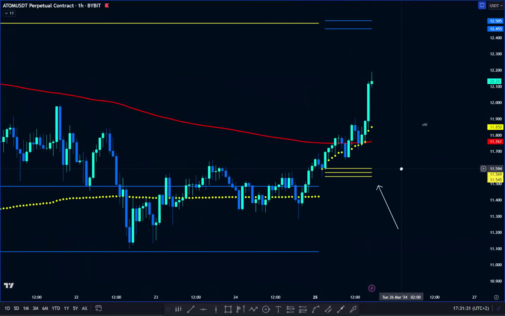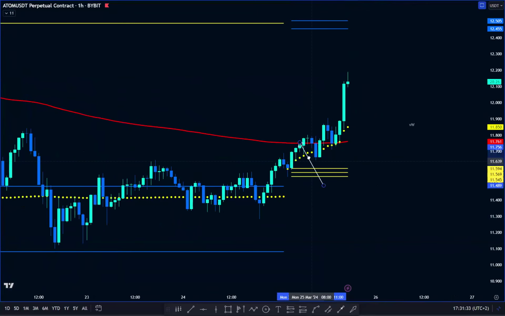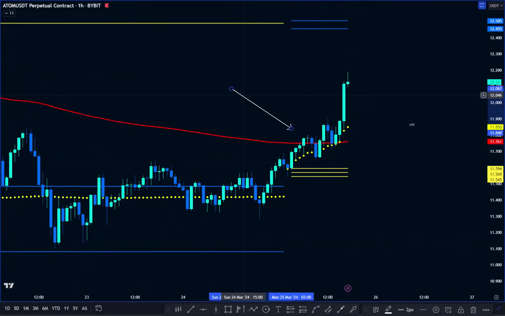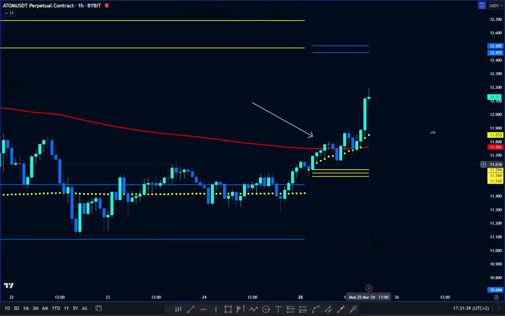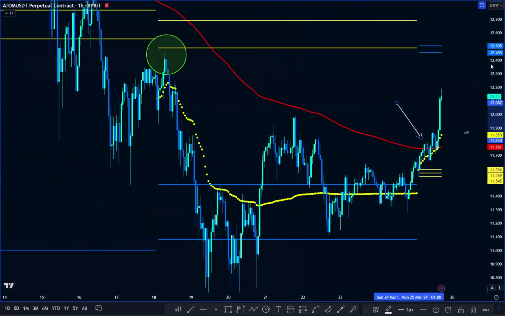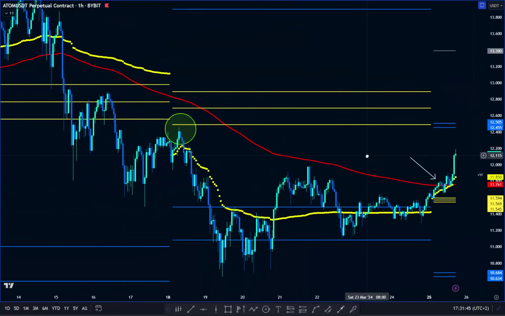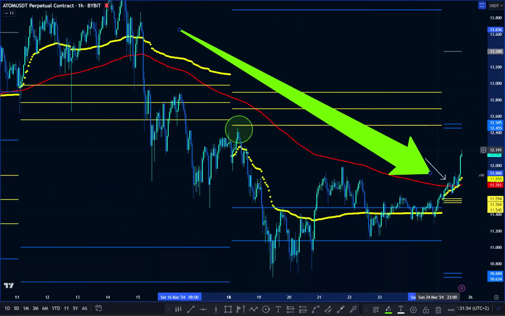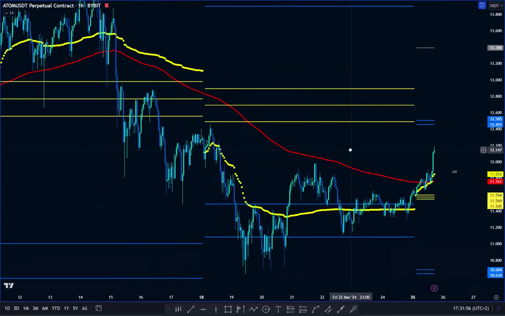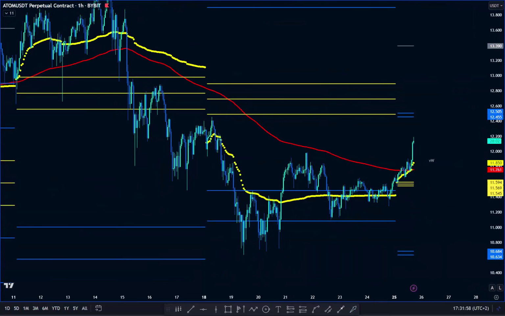And you can see over here, at this point, we got a break. This is a 1 hour break. So a 1 hour is a very good time frame to look at with the EMA, because if price breaks above a 1 hour, you can see, if you look at the chart before, price has been underneath this 1 hour all the way since here. It's been under this 1 hour, and now all of a sudden it's about to break above it. So this can show us that there's potential.